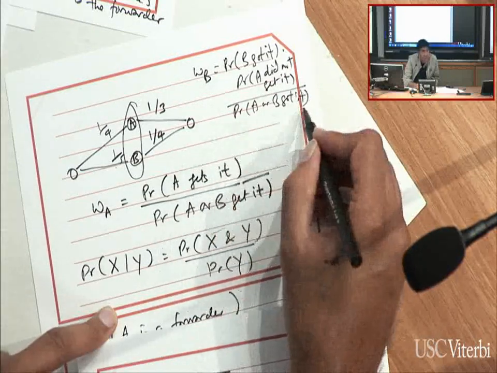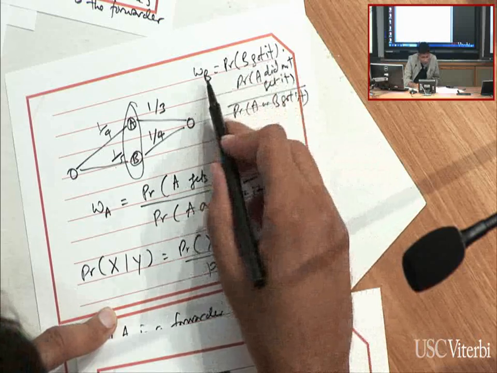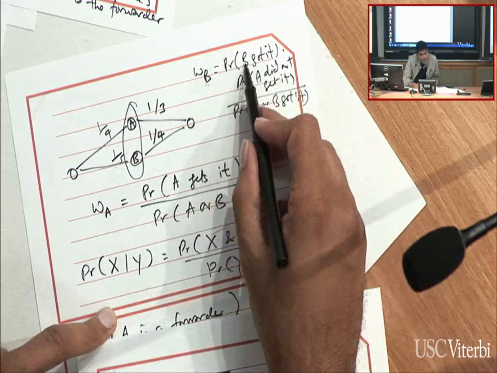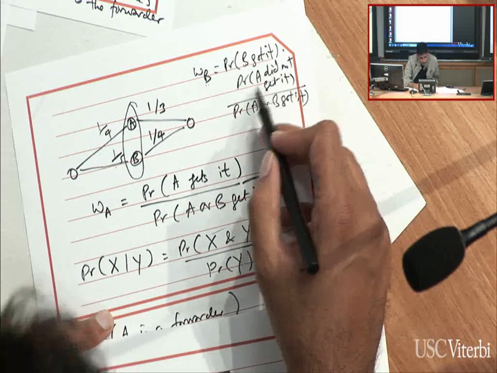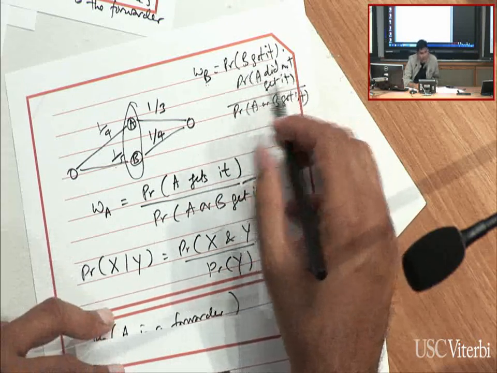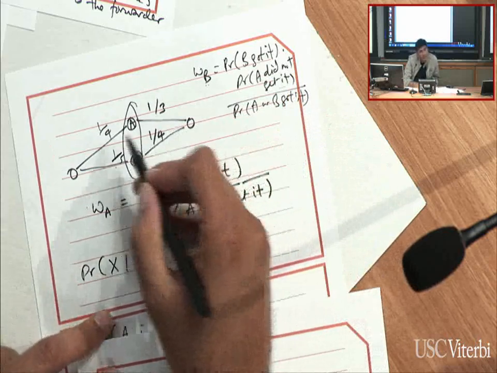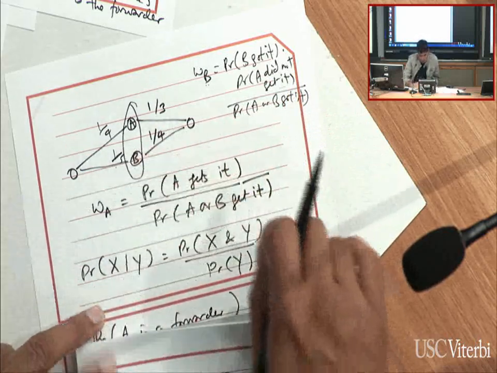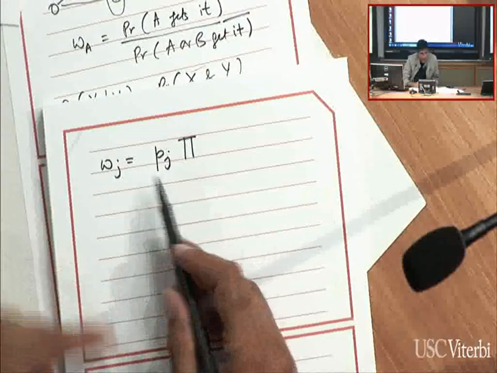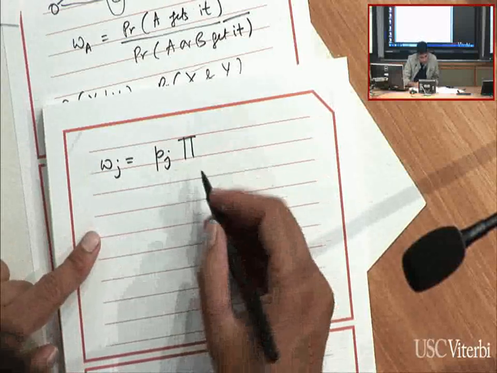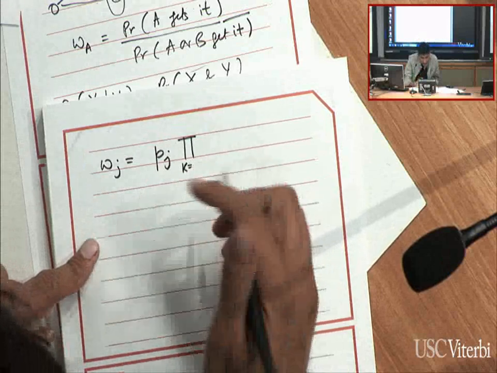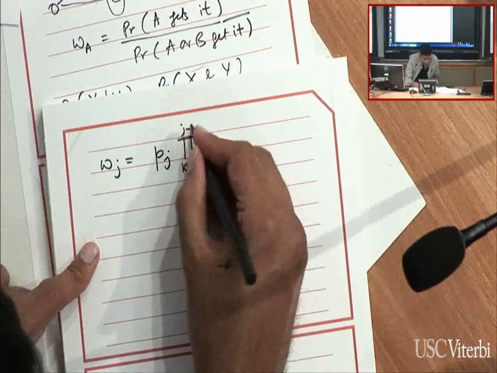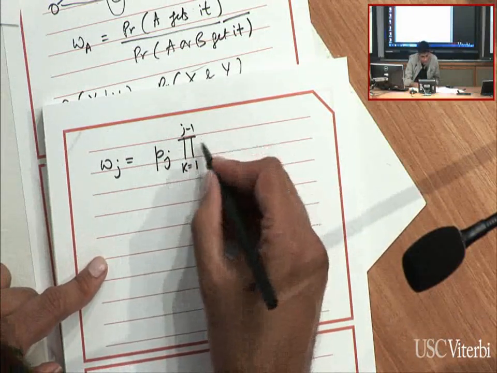The division is for the same reason, but in the numerator now, B is only a forwarder if B gets it and A does not get it, because B will not be allowed to forward if A is forwarding. So this is the probability that that particular node gets the packet, and nobody with a priority value less than this one, from 1 to J minus 1, gets it.